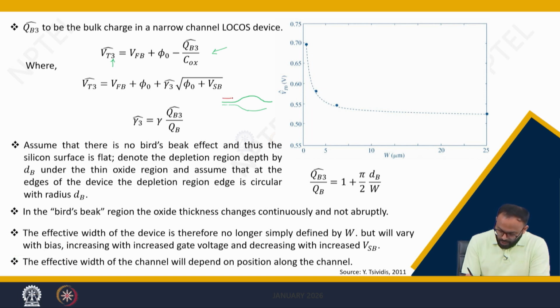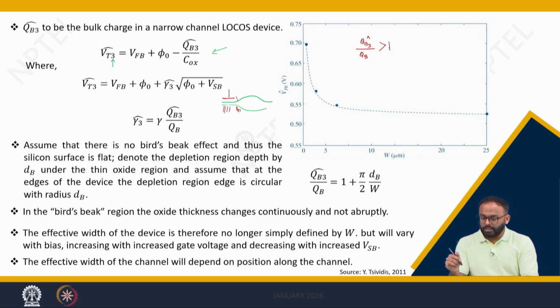It means if you are having the gate here, ultimately these field lines will deplete this region as well as this region. It means what? The ratio of QB3 by QB will be greater than 1, because QB3 cap is the overall charge which is shared by the gate or which is controlled by the gate.